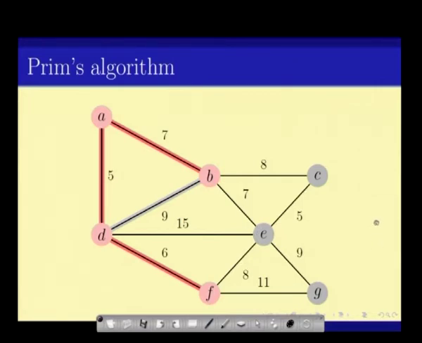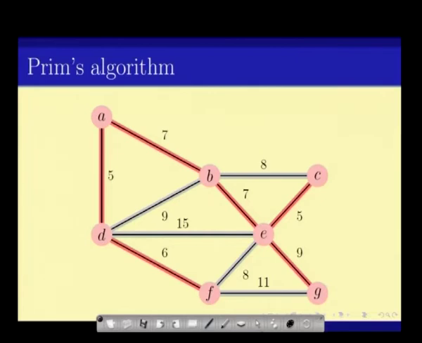Again we color this vertex E red, and once we color it red, all the other edges between E and any other red-colored vertex are marked out. Again we look at all the edges, and we see that 5 is the minimum weight, and we pick that one and color it, and again we see this 9 to be the minimum and we choose this. So, this is our Prim's algorithm.